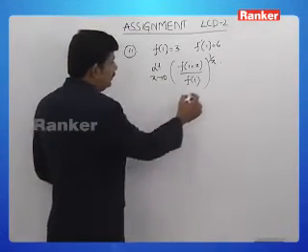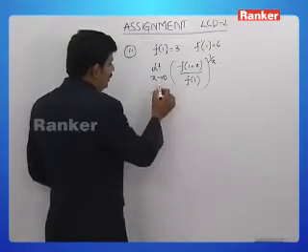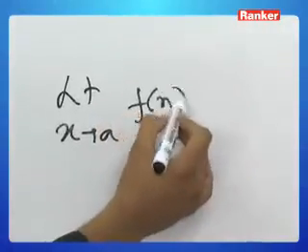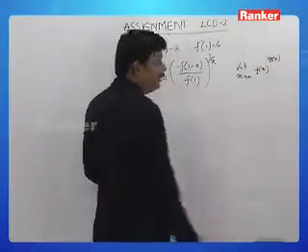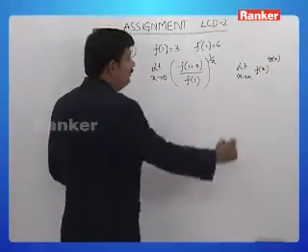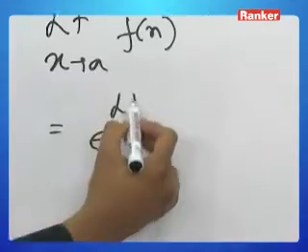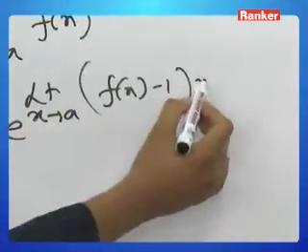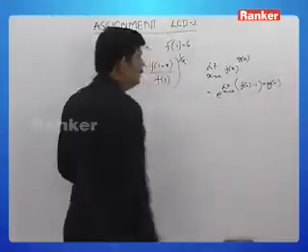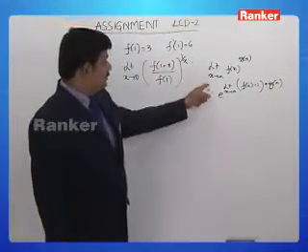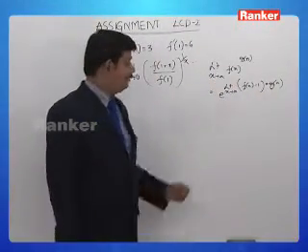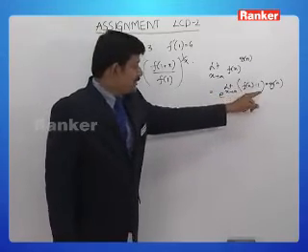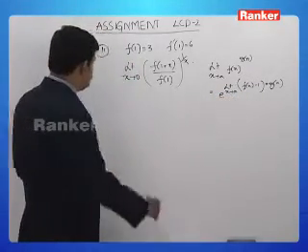And in 1 power infinity form, we know limit x tending to a of f of x power g of x, we will always write as e power limit x tending to a of f of x minus 1 into g of x. So, let us do the same thing here.